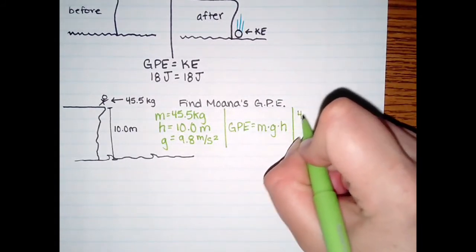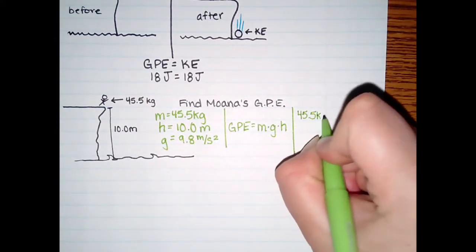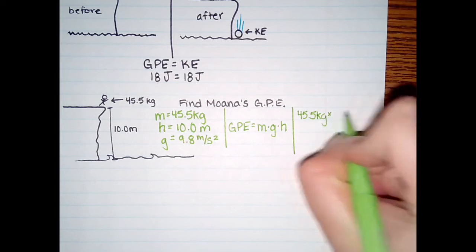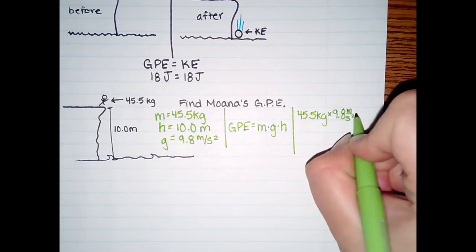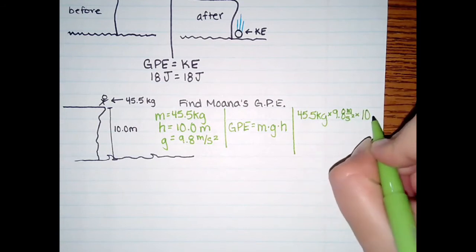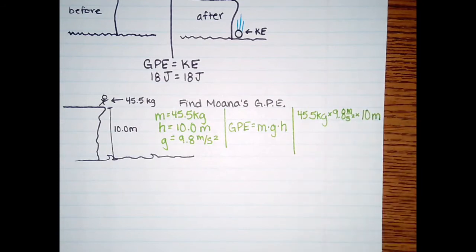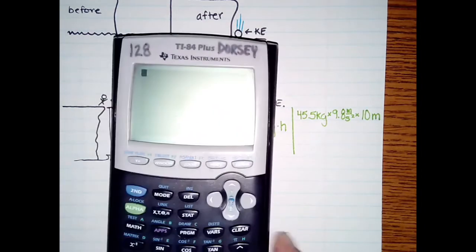45.5 times 9.8 times 10 meters. That is 4,459.